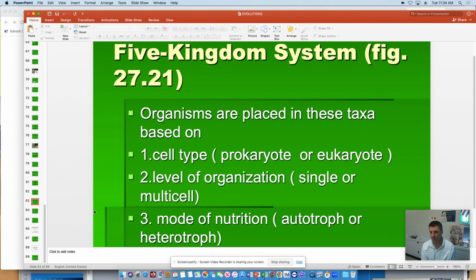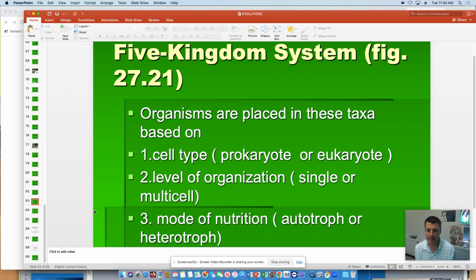Well, you might be able to figure out that would describe the kingdom Animalia. That's how we are, right? We have eukaryotic cells. We're made of multiple cells, and we are heterotrophic. We have to get our nutrients from outside.